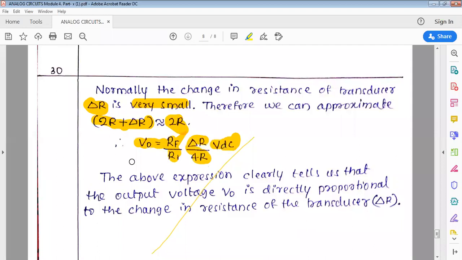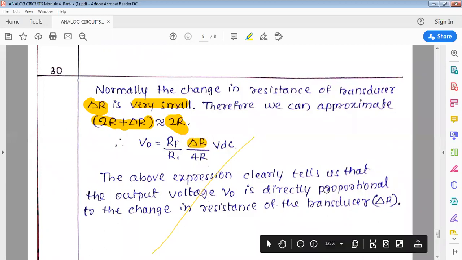Now you can see that the final expression for the output voltage V0 directly depends on delta R. That is, the above expression clearly tells us that the output voltage V0 is directly proportional to the change in the resistance of the transducer, delta R. So whenever there is a change in the transducer's delta R, the output voltage V0 changes.